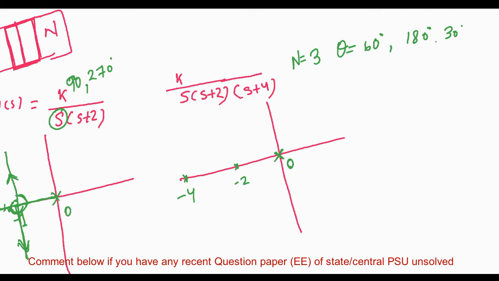At -4 the root locus will be directed to infinity from that point, so this will be like this, away from the pole towards infinity. This is 180 degrees.